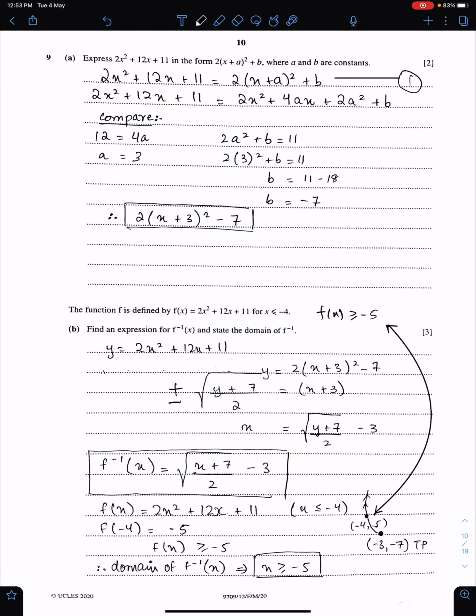Now since x is decreasing, you need to take the negative sign for x. You decide this sign with respect to the domain. When the domain has a less than or less than or equal sign, then we always take the negative sign, because x is decreasing, or vice versa.